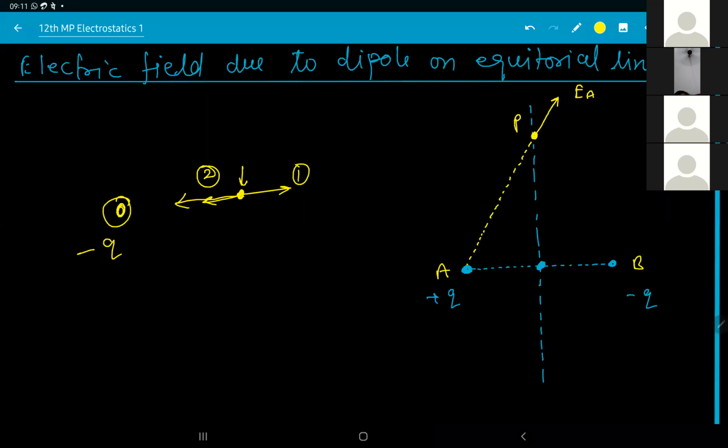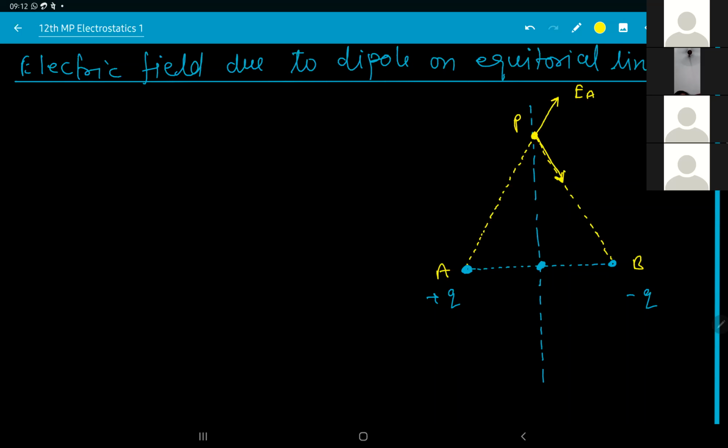Generally we find the direction using a test charge, and that test charge is +1 coulomb charge. So here if we place a +1 coulomb charge, then that charge will be attracted by Q, so the direction will be towards the charge. So due to B, the direction of electric field must be in this direction.